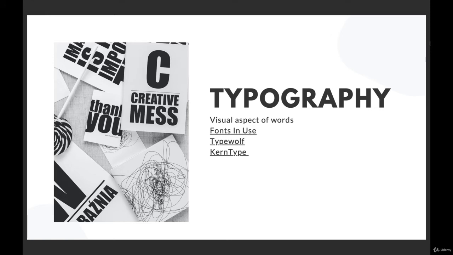And KernType is a fun game where you can practice your kerning, which is spacing the letters evenly across the word. And it's kind of nerdy. I like playing it. It's a fun game. Those are some really good resources to learn more about typography. We will be going over this again once we go into the practical application of this course.